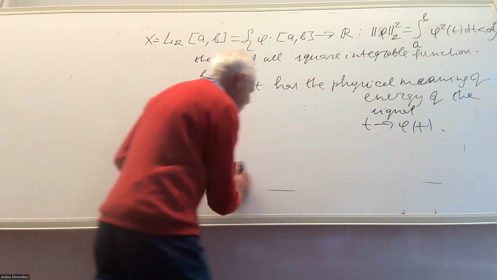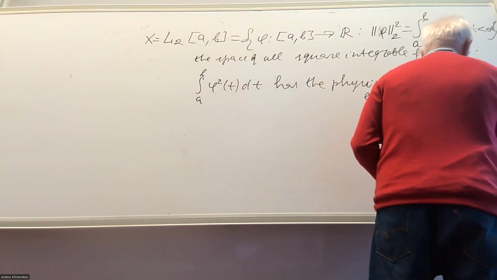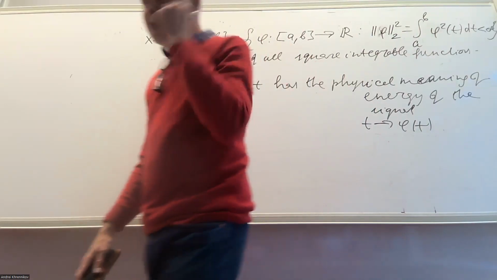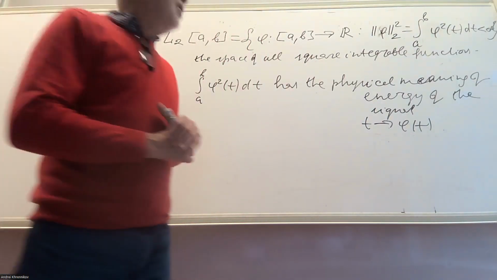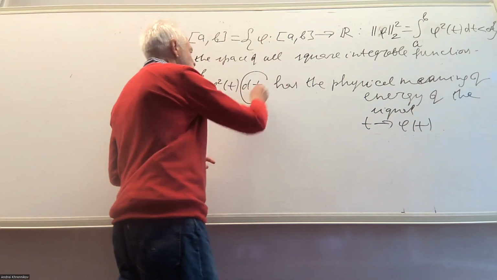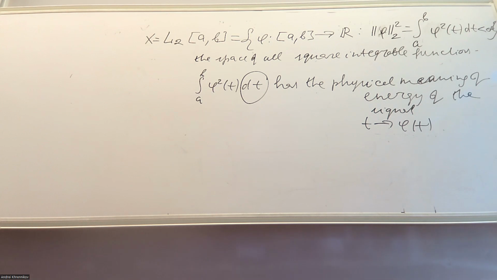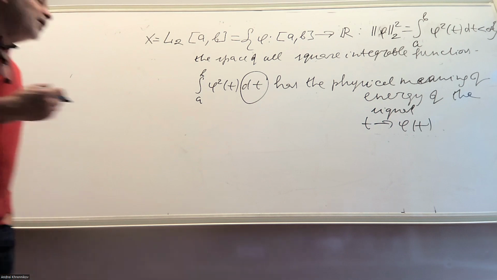There is one mathematical difficulty, not so trivial, but physicists, engineers, technicians never pay attention to it. This is this integral. Maybe you studied only the Riemann integral. Riemann integral is not enough. You should use the so-called Lebesgue integral.